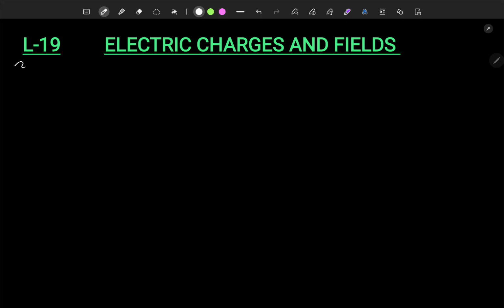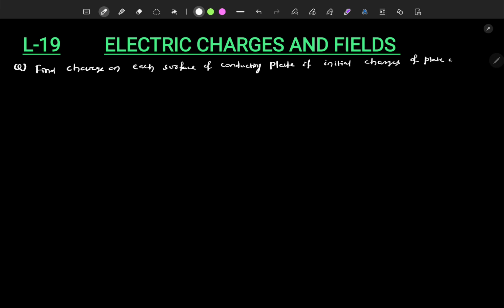So our question is, find the charge on each surface of a conducting plate if the initial charges of the plates are Q1 and Q2 respectively.